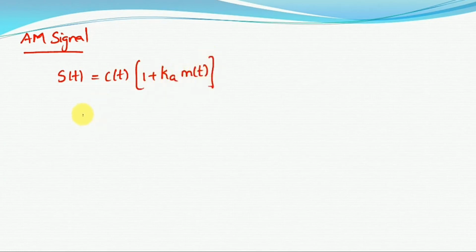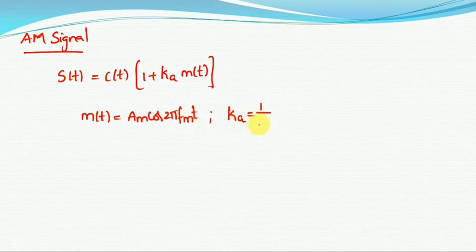In this case m(t) is Am cos 2 pi Fm t, and the value of Ka is 1 by Ac, which is the amplitude sensitivity, and c(t) we are assuming as Ac cos 2 pi Fc t.